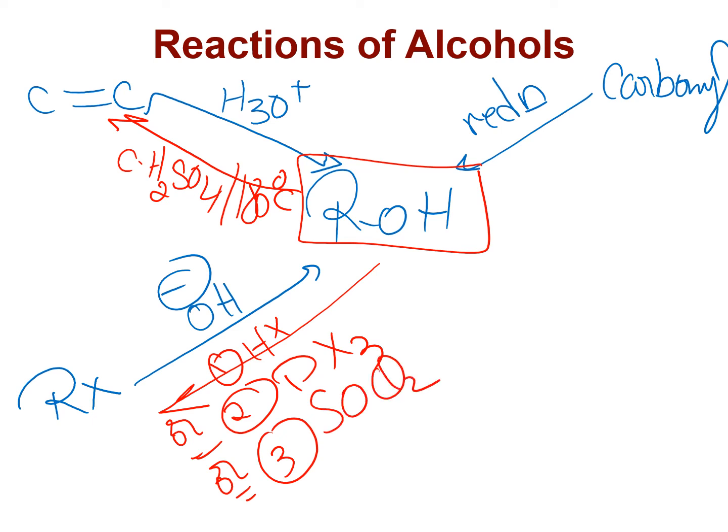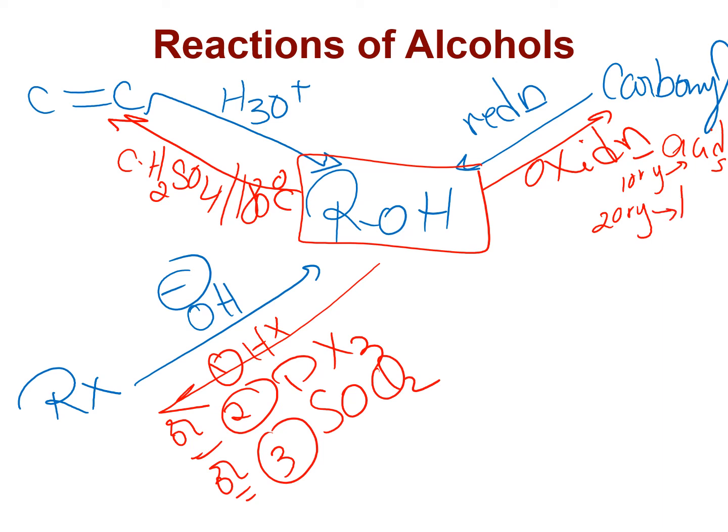Again, if you have an alcohol, you can oxidize the alcohol to give the carbonyl compounds. But remember that oxidation of alcohols by a regular non-selective oxidizing agent will not produce the aldehydes. You can only produce the acids if you're starting with a primary alcohol, or if you're starting with a secondary alcohol, you will give the ketonic compounds.